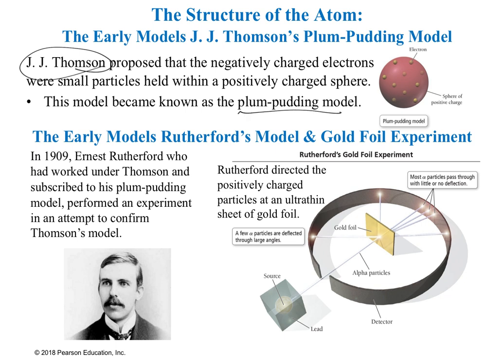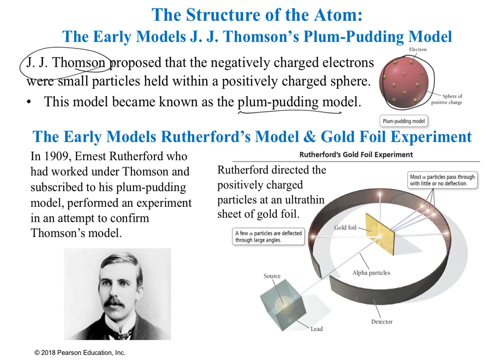He basically thought that in an atom there was a sphere of positive charge, represented by the red there. It was kind of like the pudding, and it's all equally dense. And then he thought that there were these negative electrons that were just plopped throughout like a plum.